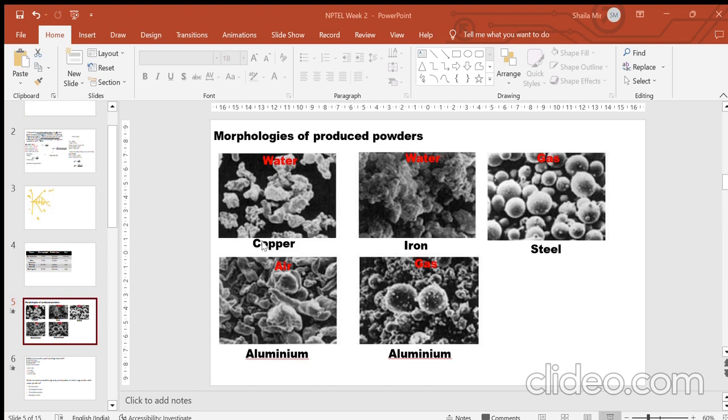And then you also have to have a high purity. In centrifugal there was a possibility of contamination, but in gas there is not any possibility of contamination, so you can have a high purity product. Also, because gas atomization is a high velocity driven atomization, fine particles can be produced if you modulate certain parameters.